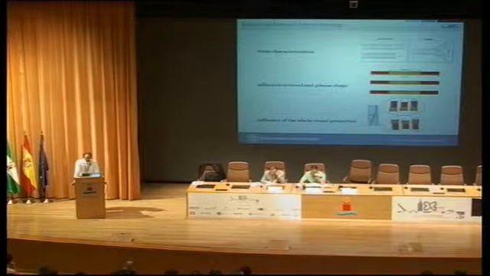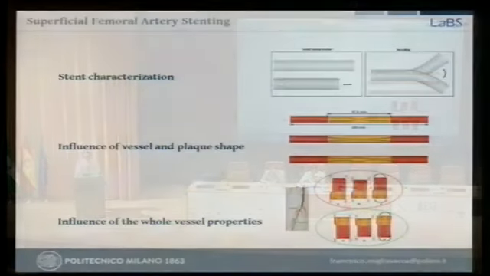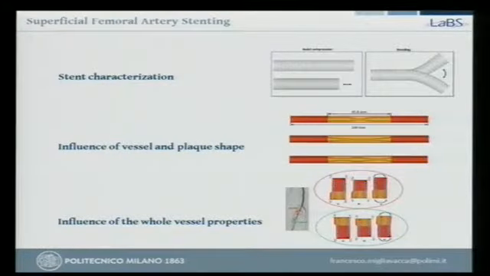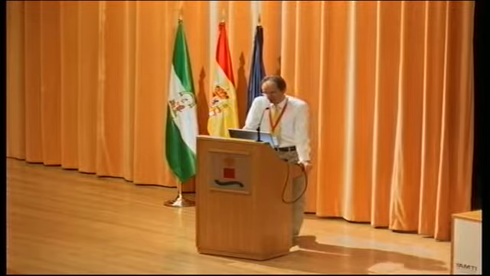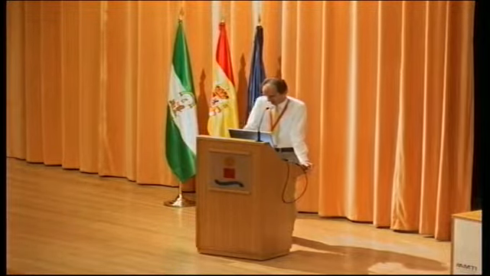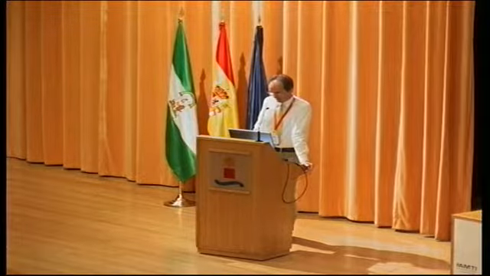The study that we show you will start from a characterization of the device itself. Then we want to know how it behaves when it's inserted in a vessel, or maybe in an atherosclerotic vessel, so with plaque, with different shapes of plaque. And at the end also how this device can be studied when it is implanted in a realistic or real vessel.